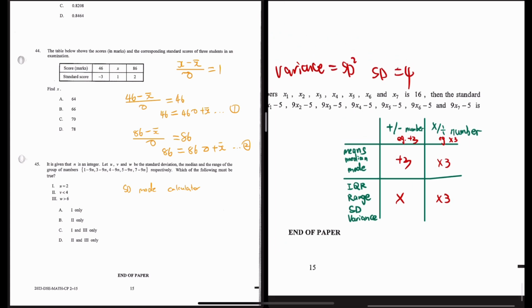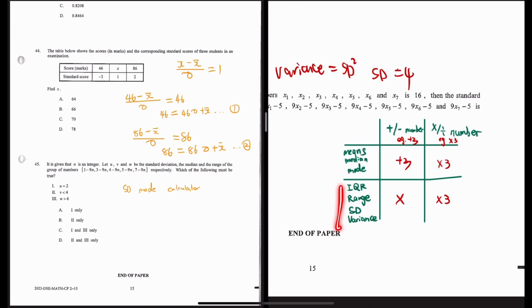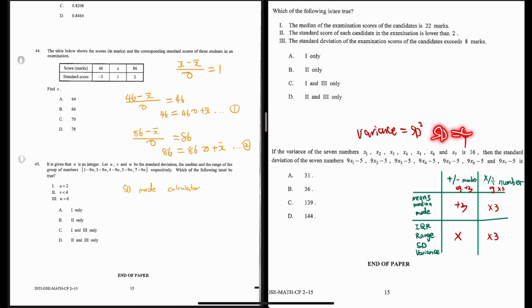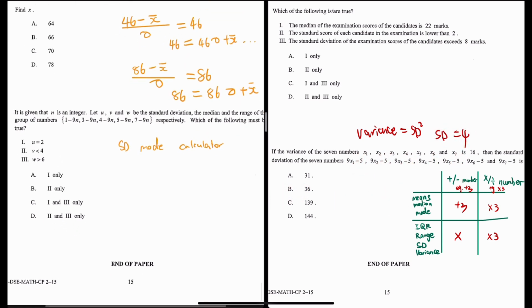Adding or subtracting a number, it just stays the same. But for multiplication or division, they both follow. So SD equals 4 originally, minus 5 won't cause a difference, so only times 9 causes a difference. 4 times 9 equals 36. The answer is 36.